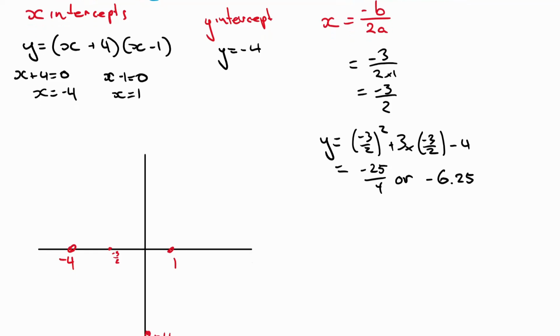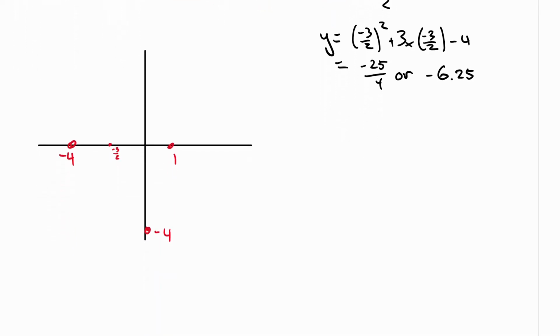Okay, so if I scroll down here, we know that from negative 3 over 2 all the way down to about here, which is negative 6.25, that's where the turning point occurs, where those two things intersect.